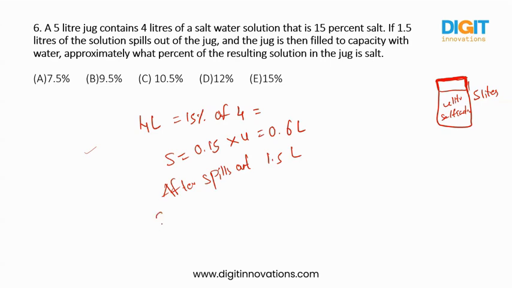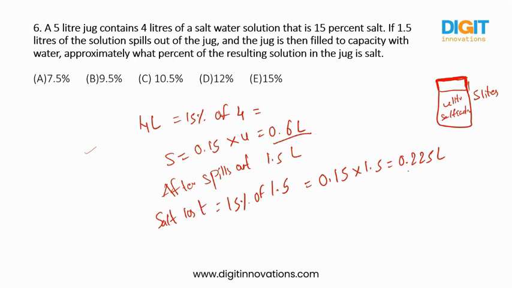Salt lost would be 15% of 1.5. In this 1.5, 15% will be the salt that spills out, 0.225 liters. So total it is 0.6 liters, of which 0.225 liters is drawn off.